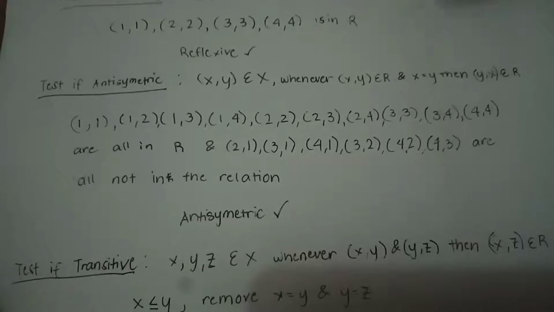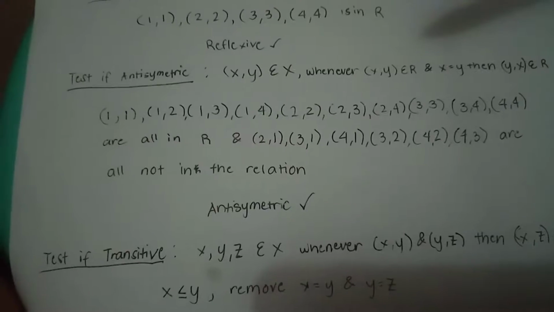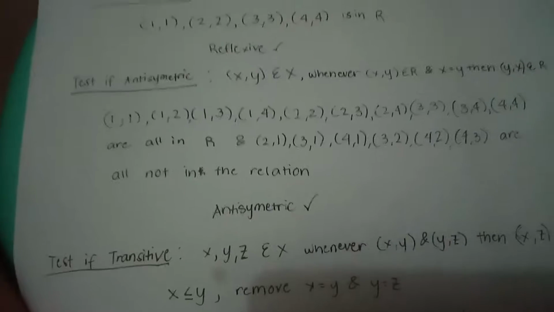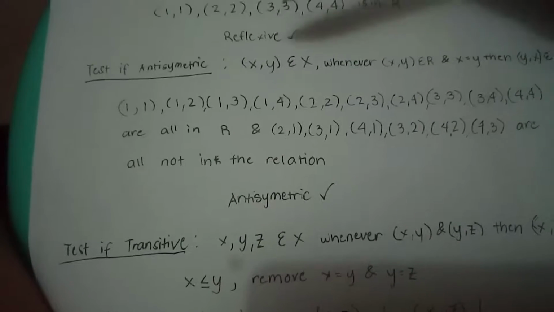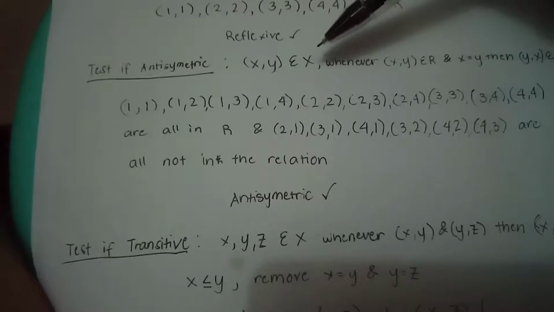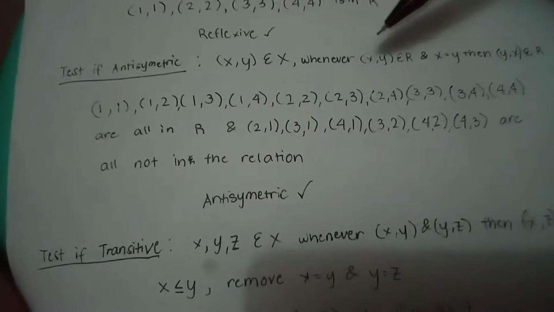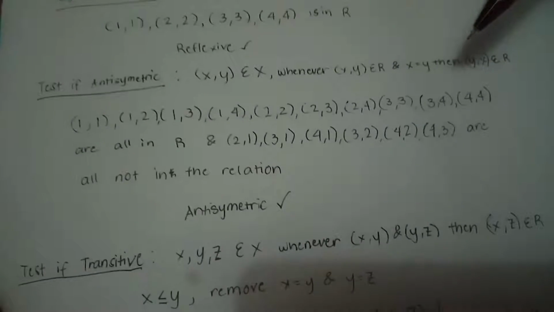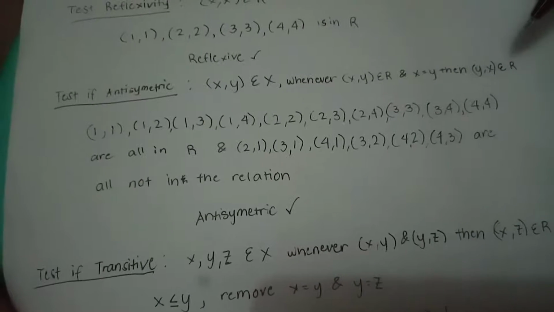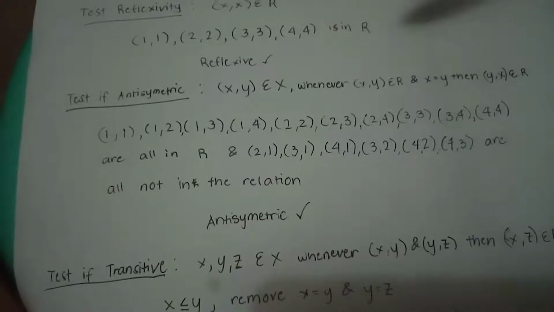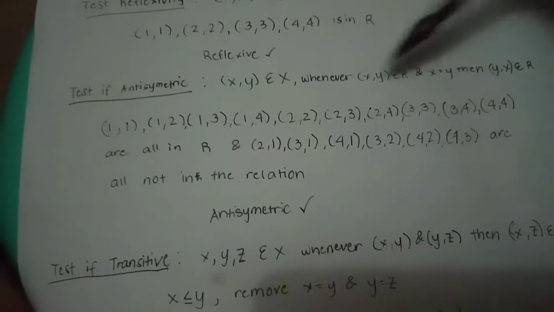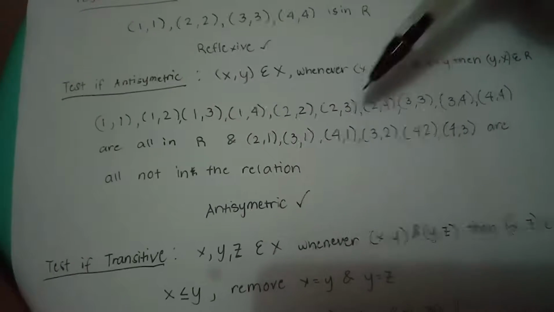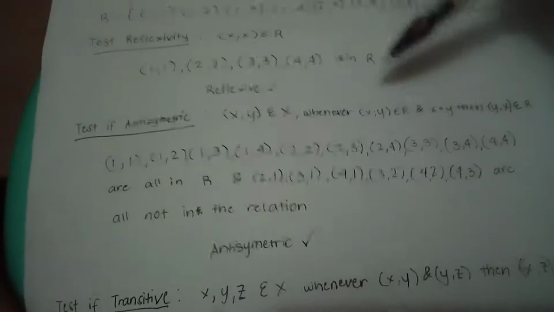So, next naman natin na iti-test is kung antisymmetric ba yung ating set or yung ating relation. So, recall natin, whenever (x, y) is an element of R, if x is not equal to y, then (y, x) is not an element of R. So, yung (x, y), element of R, ito yun, tungo sa taas. So, lahat ng ito part ng relation.